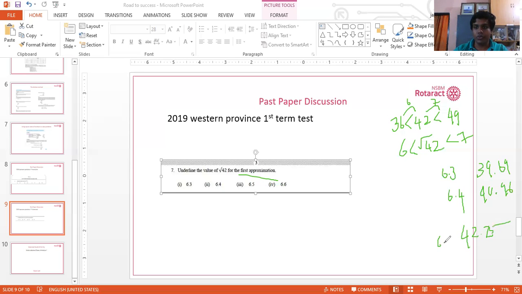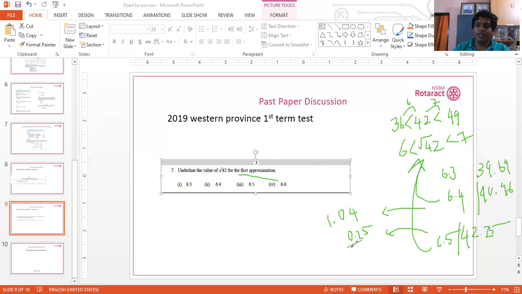So now we have two answers here: 42.25, and 40.96 from the beginning. When we are taking the square root, we have to find the differences. 42 minus 40.96 will give you 1.04, and here the difference will be 42.25 minus 42, which is 0.25.